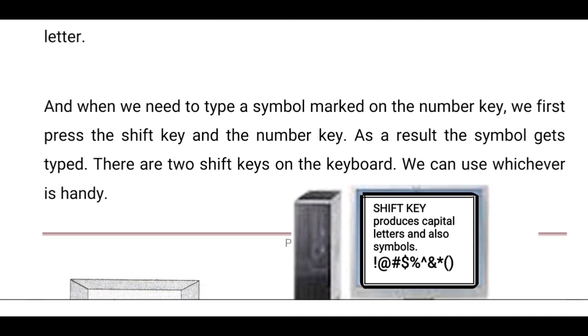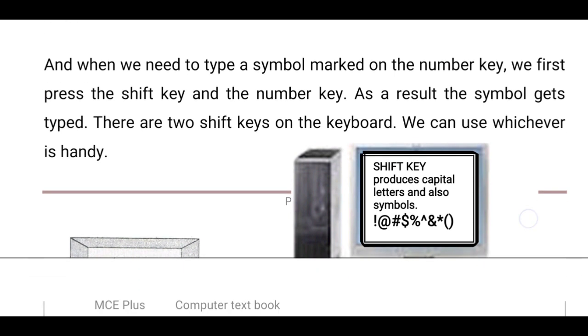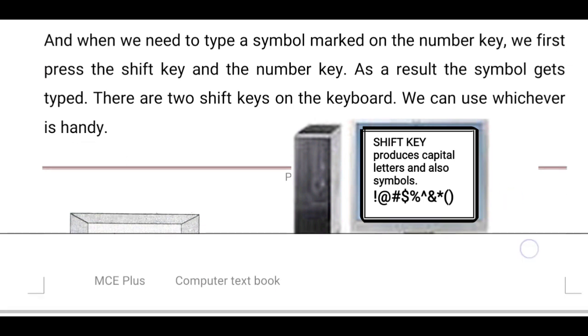And when we need to type a symbol marked on the numeral key, we first press the Shift key and the number key. As a result, the symbol gets typed. There are 2 Shift keys on the keyboard. We can use whichever is handy. Good.